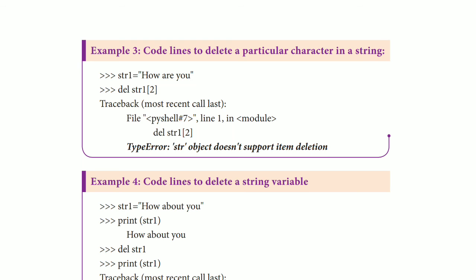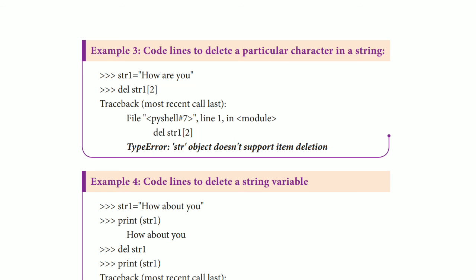So str2, in how, h is 0, o is 1, w is 2. We are trying to delete only the particular letter w. When you do it, you can see that the computer throws a type error: str object does not support item deletion.